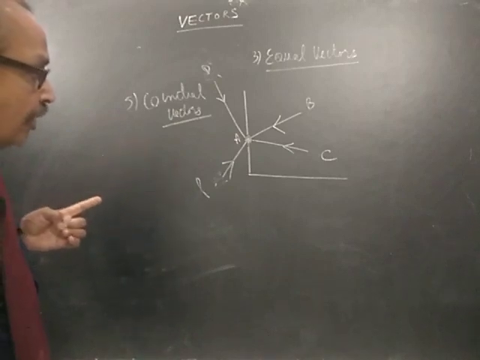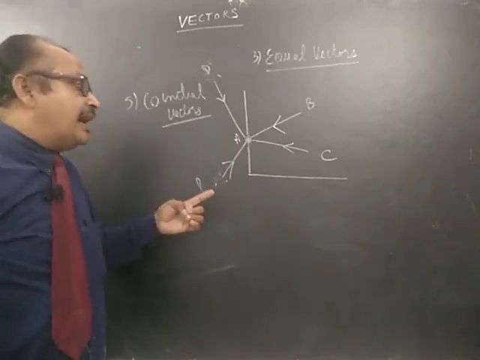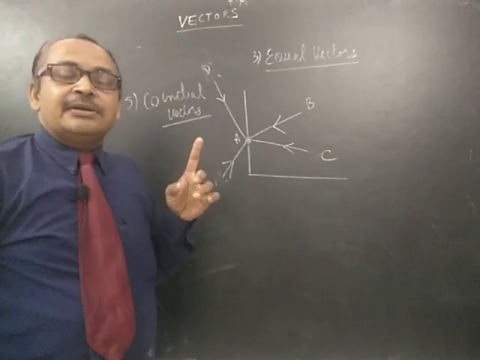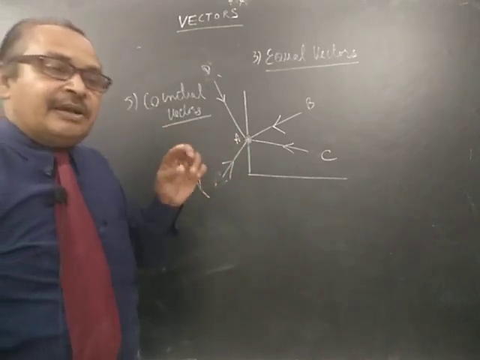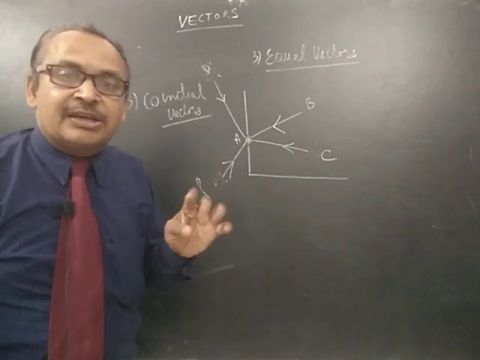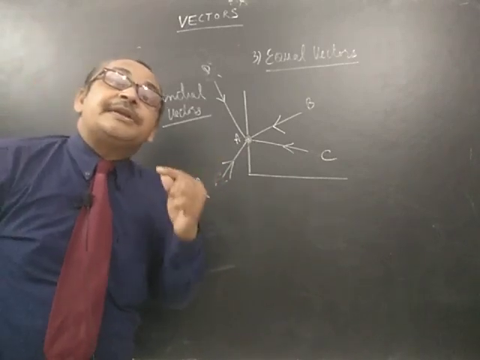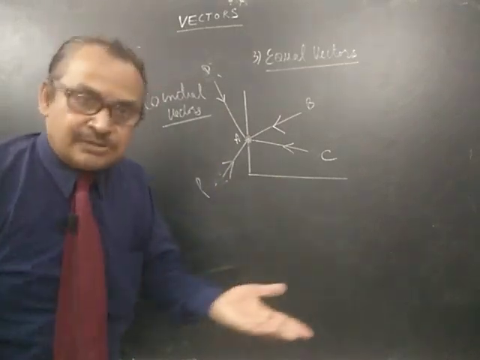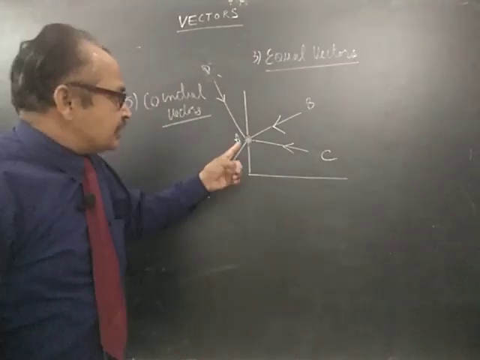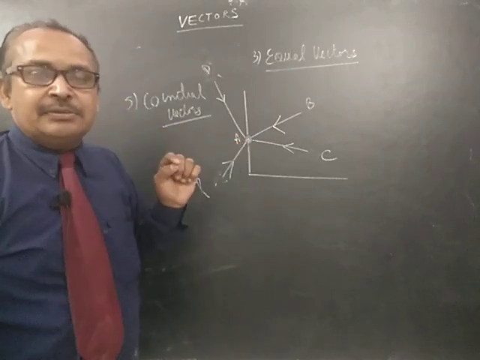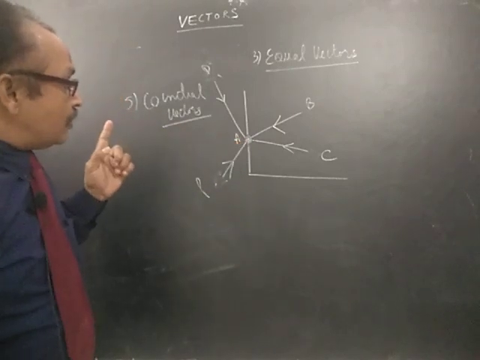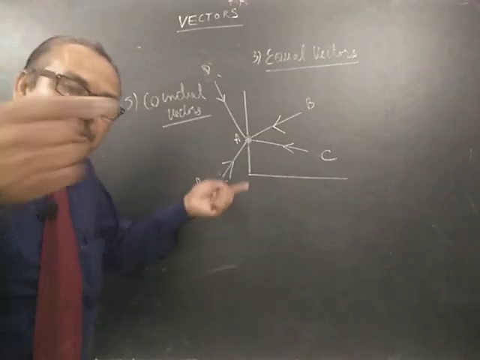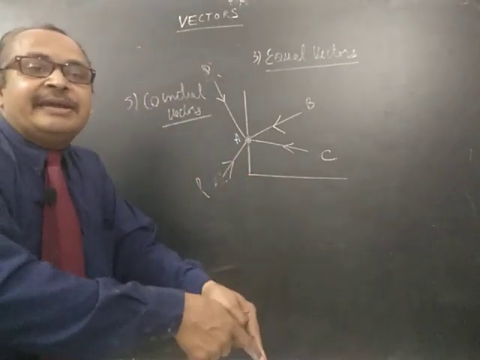That means all these vectors are ending at A. The ending word, in our physics, is technically called terminating. Terminating means where it ends. So this is the terminating point. It means all these vectors are terminating at A.